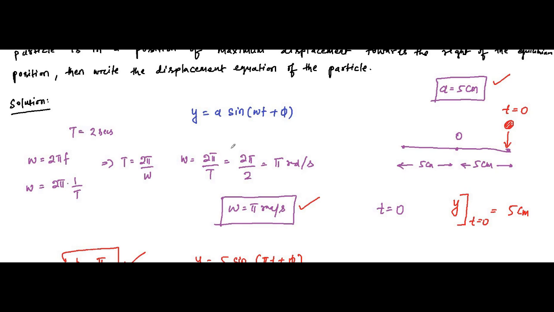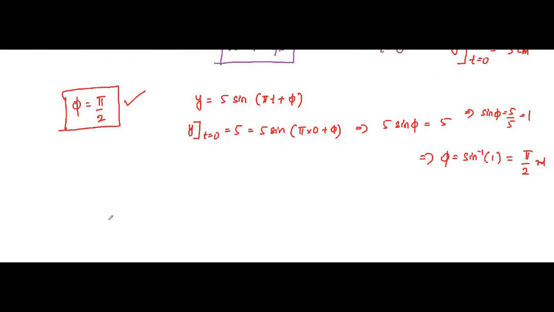So the SHM equation of this particle will be y is equal to 5 sine (pi t plus pi by 2), or we can write it as 5 sine pi (t plus 1 by 2). This is the SHM equation.